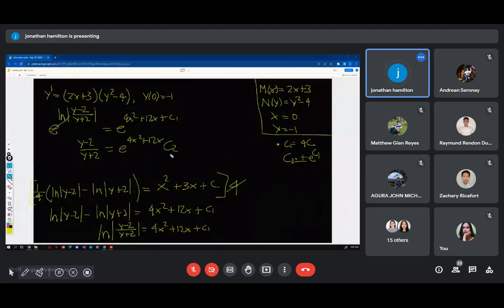Since ang question is what is the particular solution with a initial value of x at 0 is equal to negative 1, or x is equal to 0 and y is equal to negative 1. So to do this, ato dahil i-buhat same as last time, katong nag-solve taog for the value of the arbitrary constants. But since we have one unknown, we can substitute the values of x and y to try and solve for C2.